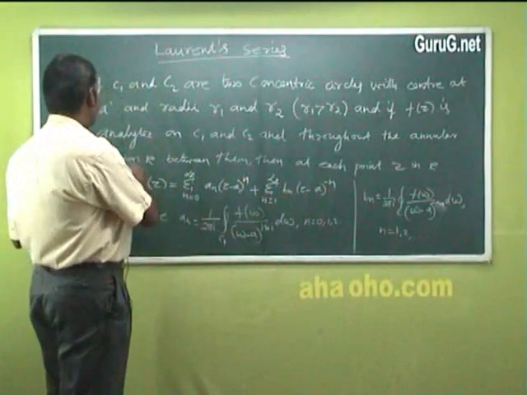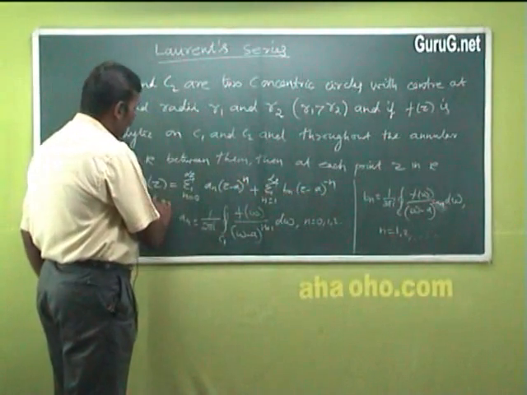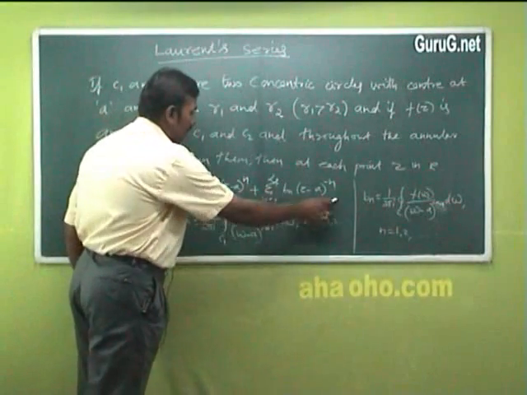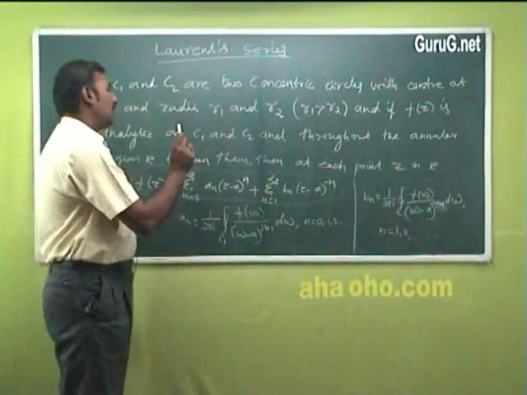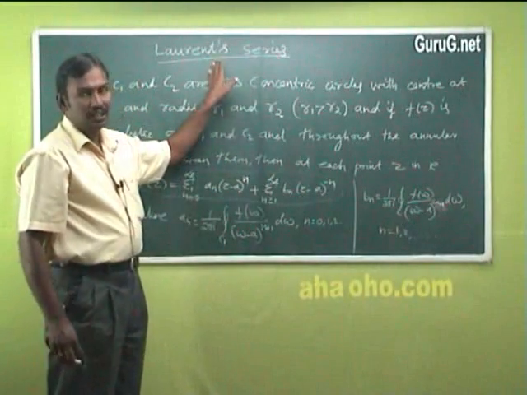For a complex valued function f of z, if we can expand it as an infinite series like this, that series is called what? Laurent series.